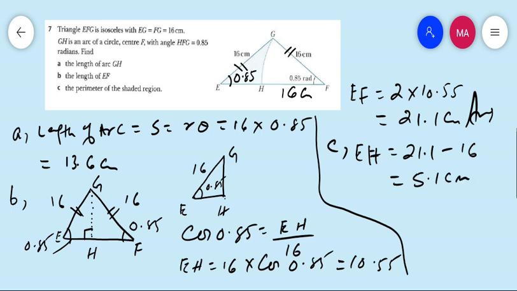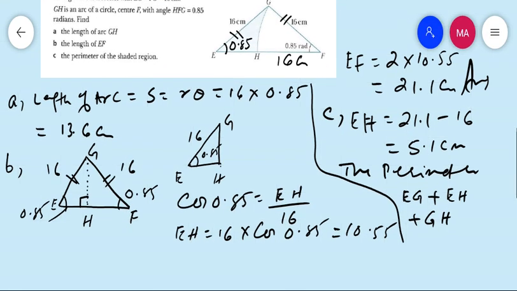Hence the perimeter is EG plus EH plus GH. So perimeter of the shaded region means add all the lengths which touch the shaded region. There is no concept of subtraction in the perimeter of shaded region. EG is 16.